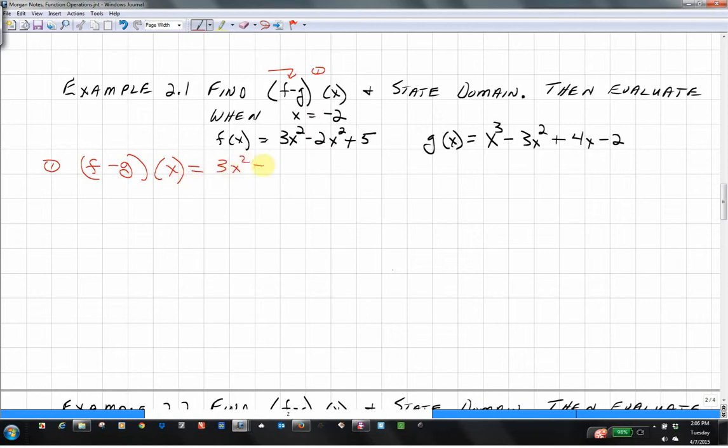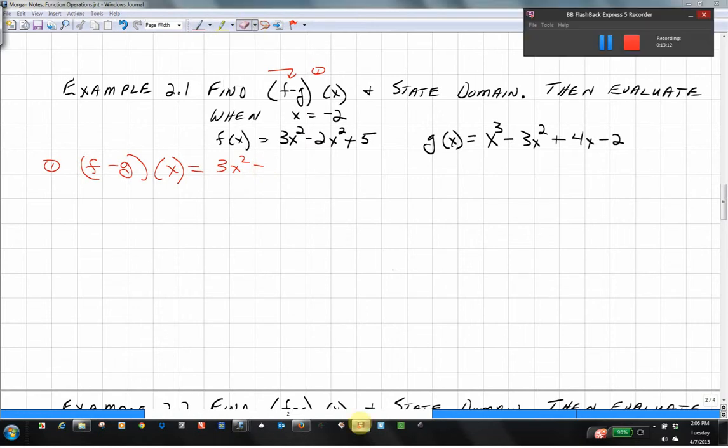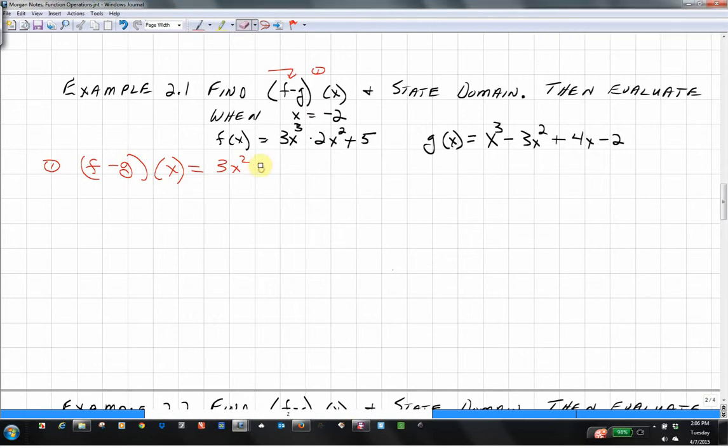Wait a second, there's a couple of problems here. Let me fix them. I'm going to turn this off. I miswrote the problem. Okay, so I changed the problem. So what I have is 3x cubed, and that is a minus sign that's hard to see, minus 2x squared plus 5, so that's f.